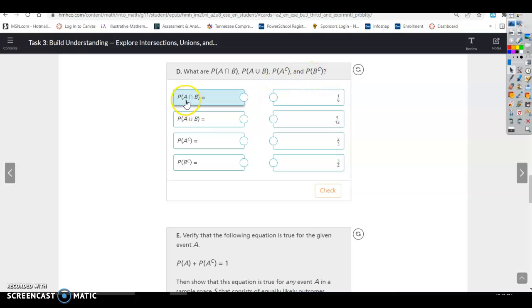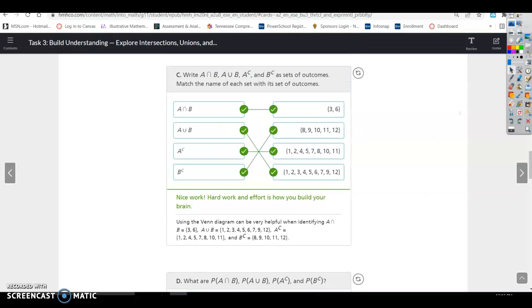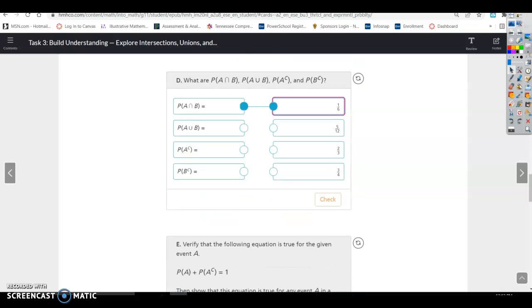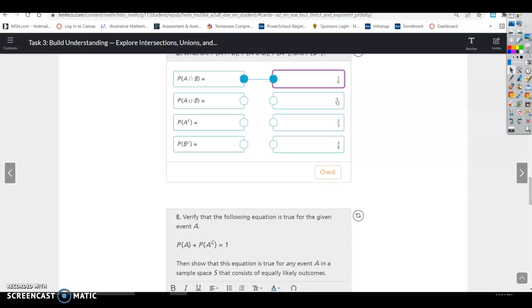All right, so A intersect B had 2 out of 12. 2 out of 12 reduces to 1/6. A union B has 1, 2, 3, 4, 5, 6, 7, 8, 9. So 9 out of 12. 9 out of 12 reduces to 3 out of 4.